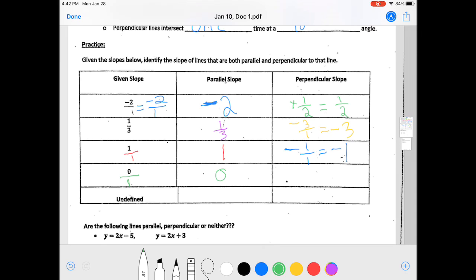Now, if we flip our given slope, so it's negative 1 over 0, can we divide by 0 at any point? No. So we cannot do this. So that means our perpendicular slope would be undefined.